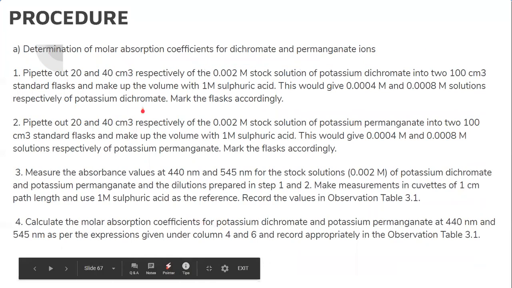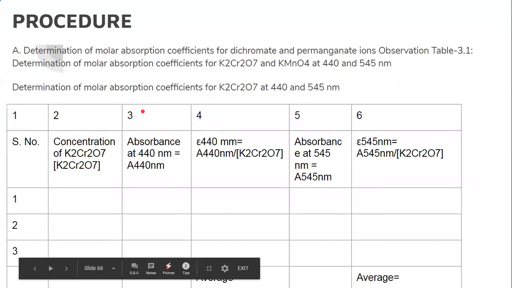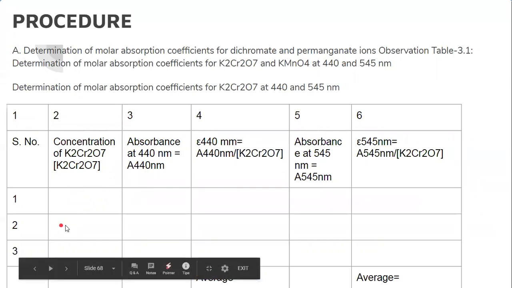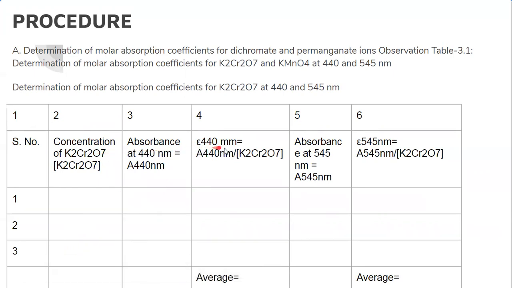This is the procedure for how to run this experiment, in tabular form. By running this experiment, we note down the absorbance of potassium dichromate at 2 into 10 to the power of minus 3 concentration, 4 into 10 to the power of minus 4, and 8 into 10 to the power of minus 4 concentration. With the help of those concentrations and absorbances, we verify the Beer-Lambert law.